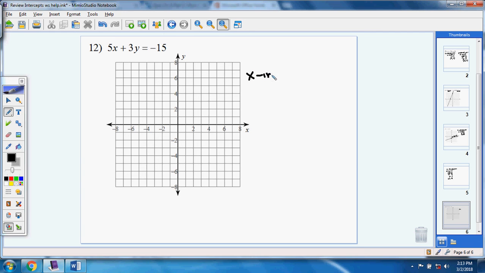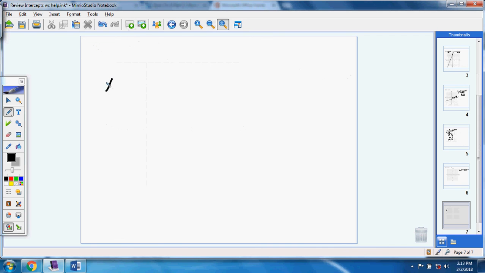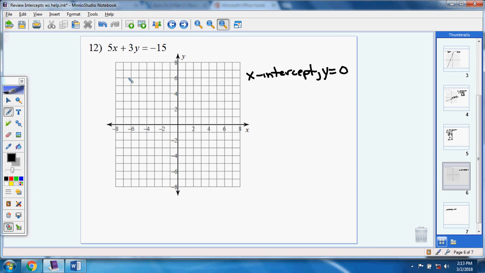Again, we say our x-intercept, y equals 0, and then to the right, I'm going to say my y-intercept, x equals 0.